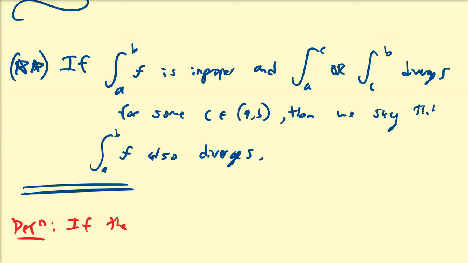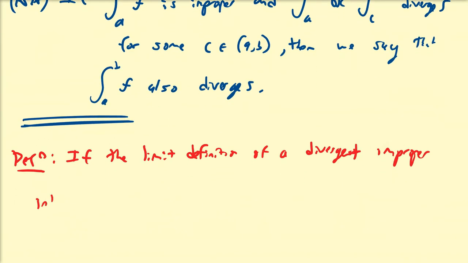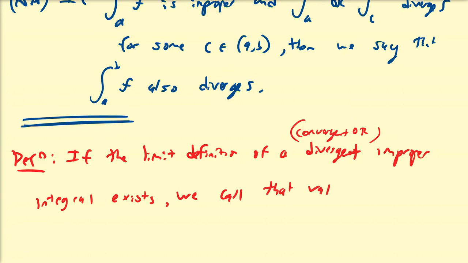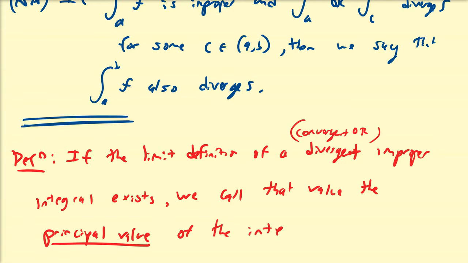If the limit definition of a divergent improper integral, and it could be convergent or divergent, actually, exists, we call that value the principal value of the integral.